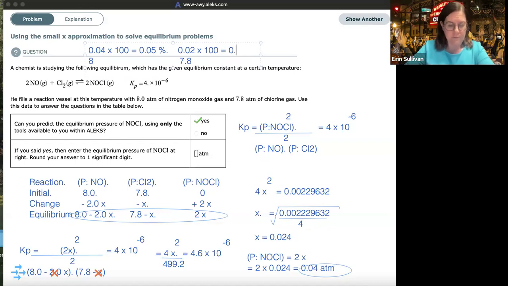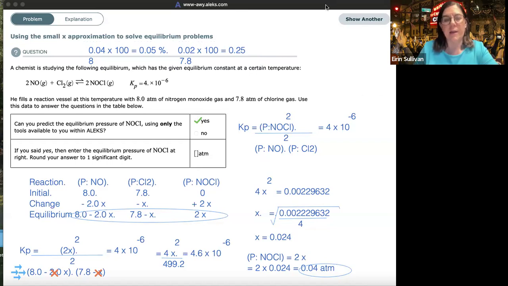Sorry, 0.025% even. It would help if I could use a calculator. So either way, we are more than good with using that x as small approximation, okay?